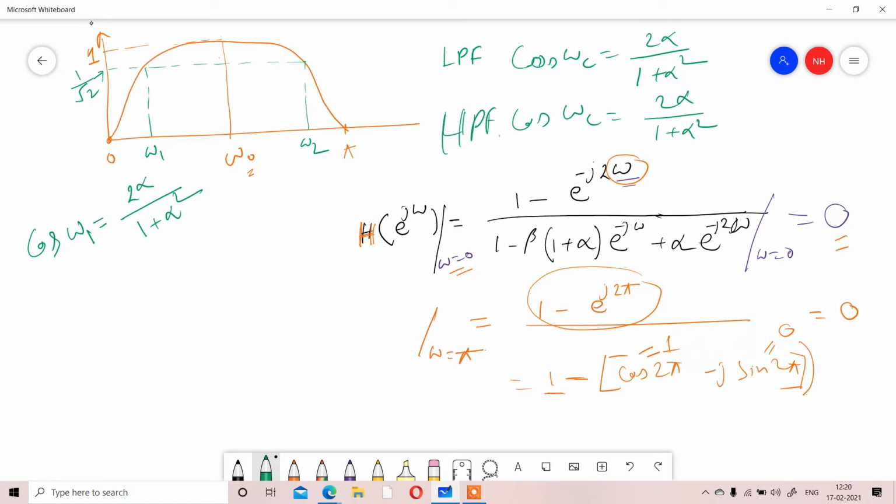So obviously for the band pass filter also you will get that value. Here you have got two omega c values, so they are defined as omega 1 and omega 2. So the first omega 1 value is cos omega 1 equal to 2 alpha by 1 plus alpha square.